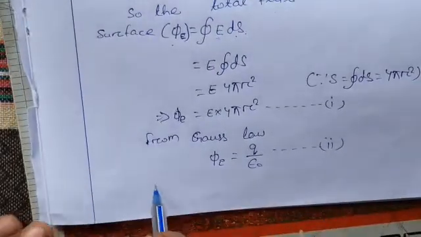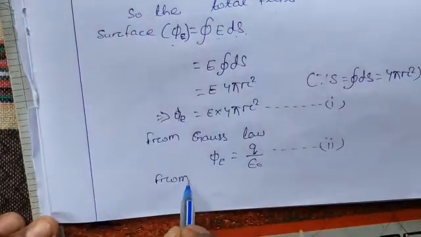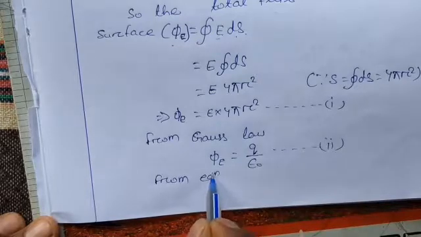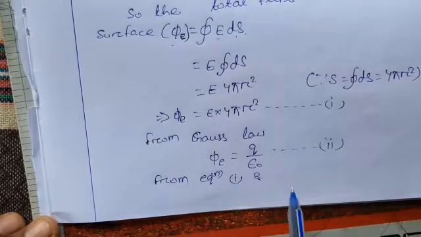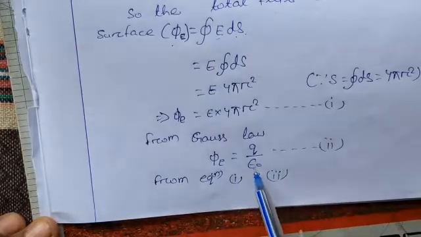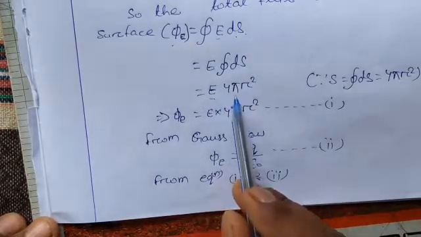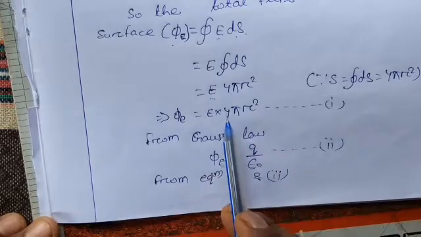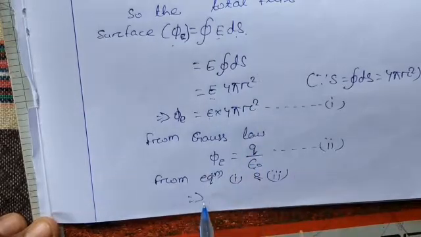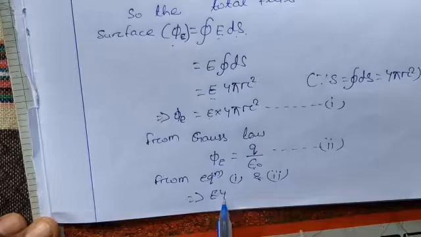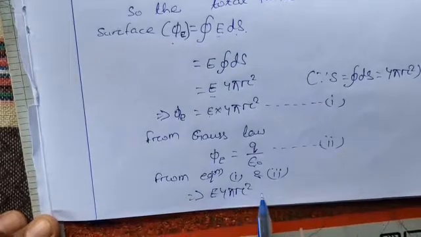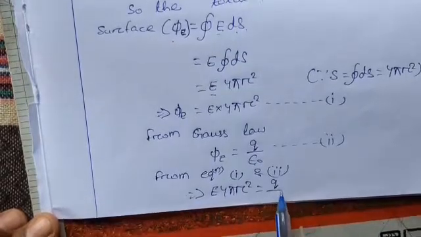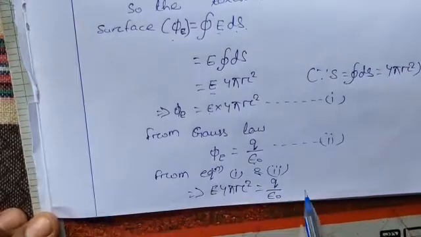So from equation 1 and 2, I can write Q by epsilon naught equal to E 4πr². So E 4πr² equals Q by epsilon naught.